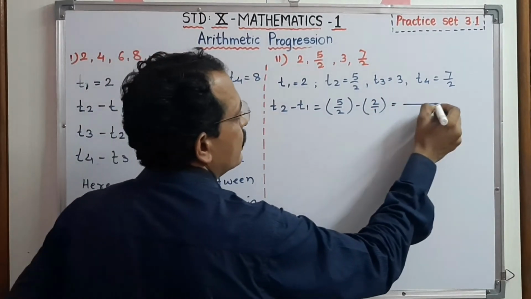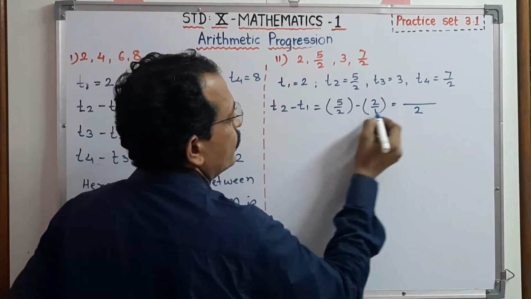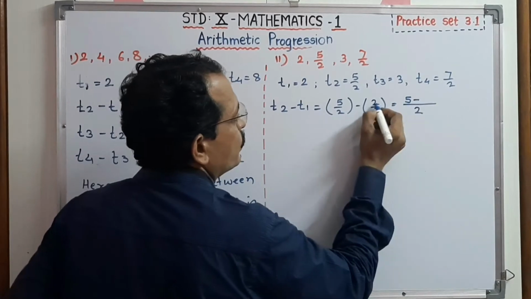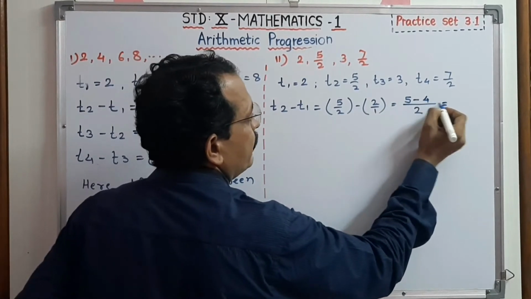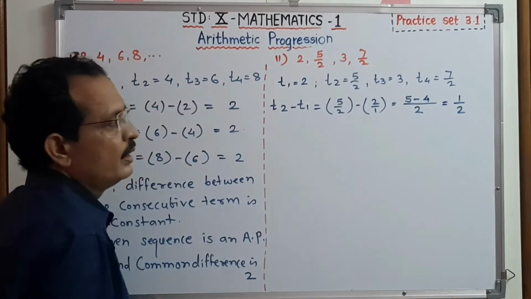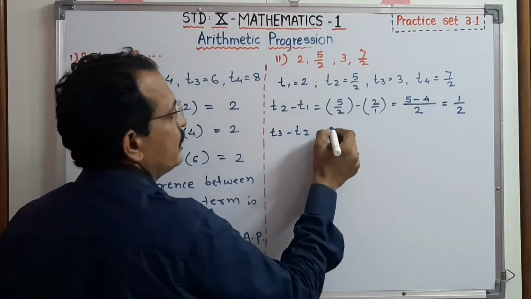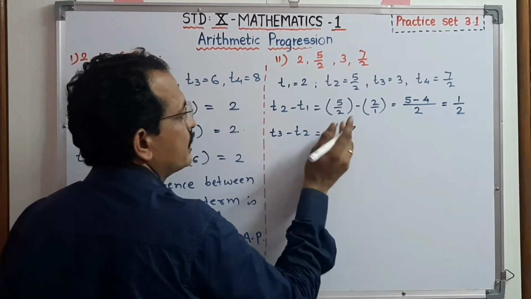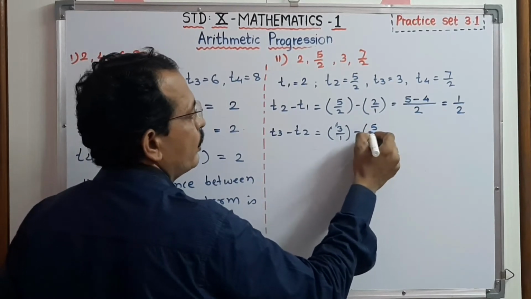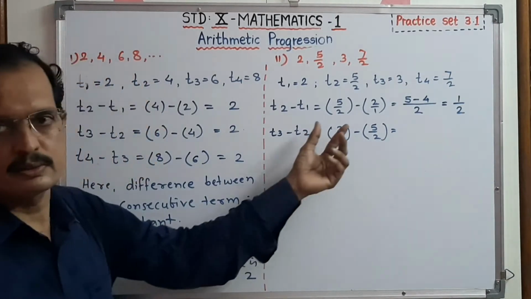Now see here, we have to do the subtraction. Here 2 ones are 2, cross multiply, 5 ones are 5, minus 2 twos are 4. 5 minus 4, it is 1 upon 2. Next t3 minus t2. t3 is 3 upon 1 minus 5 upon 2. Here use the brackets.